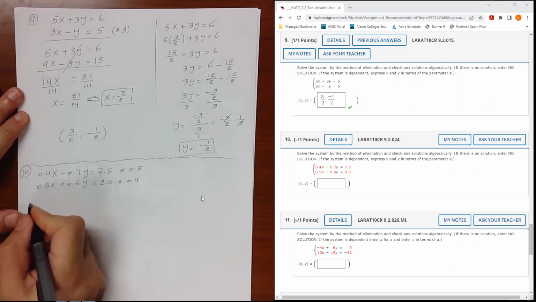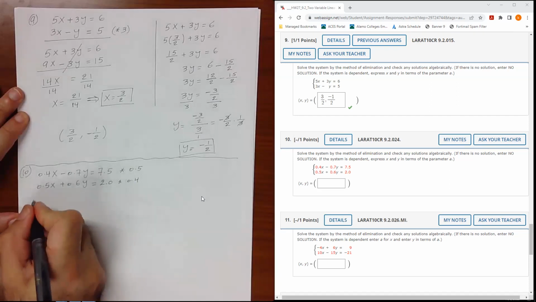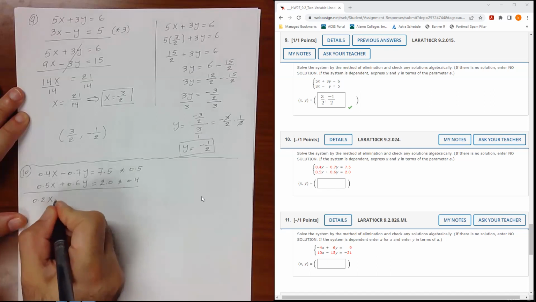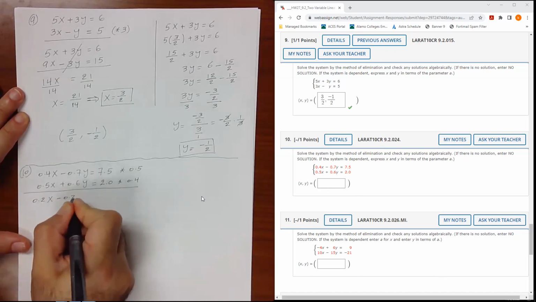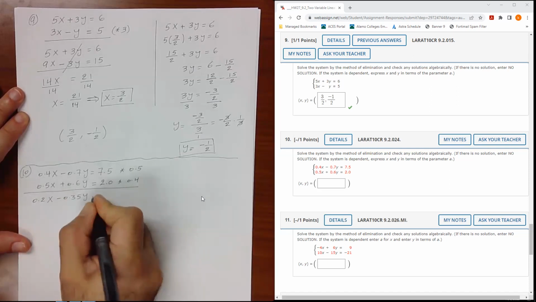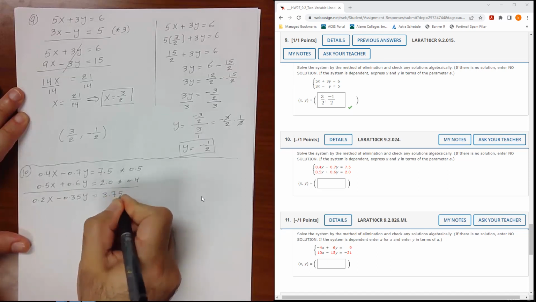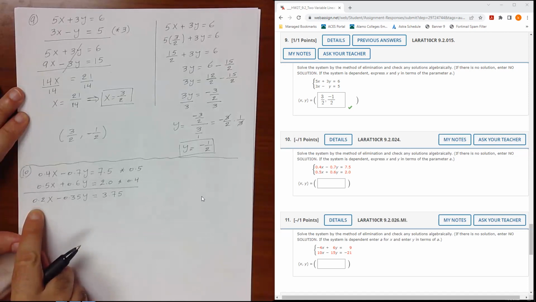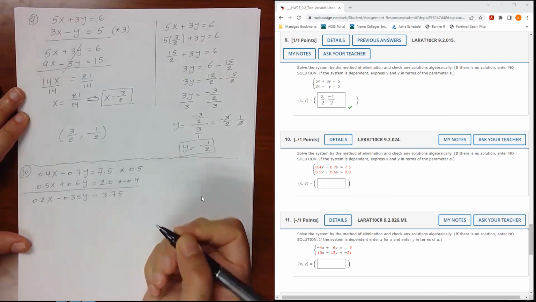That means the first equation is going to be 0.2x minus 0.35y equals 3.75. And I'm going to multiply the second one, in fact you can multiply the second one by the negative. So multiply the second one by negative 0.4.